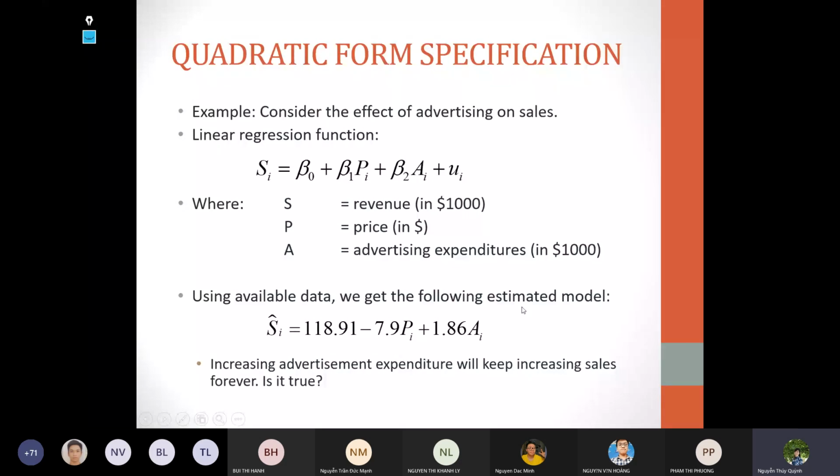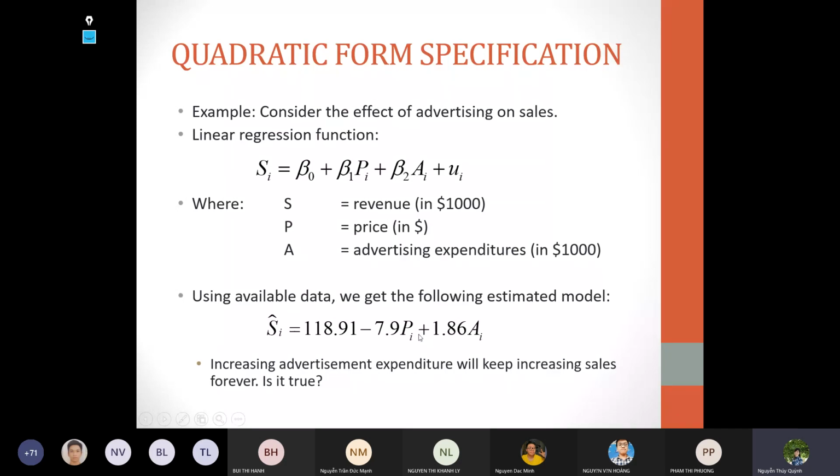Assume that we have available data, then we can use it to get the estimated model, which is here: the estimated revenue is equal to 118.91 minus 7.9 times P plus 1.86 times A.